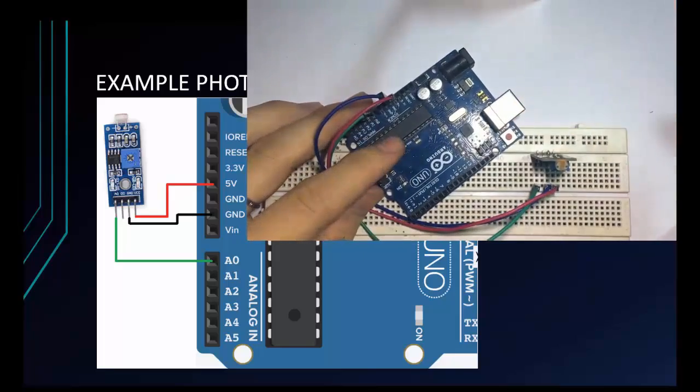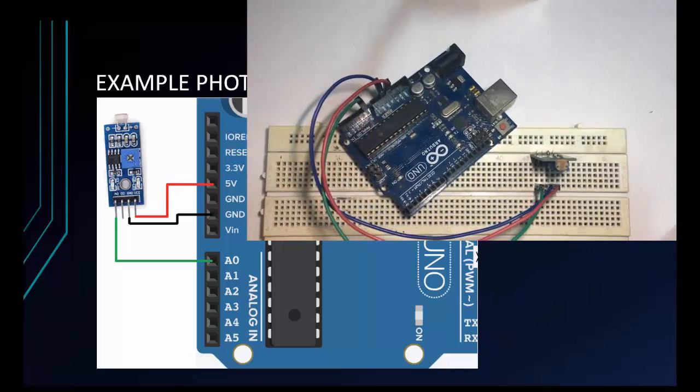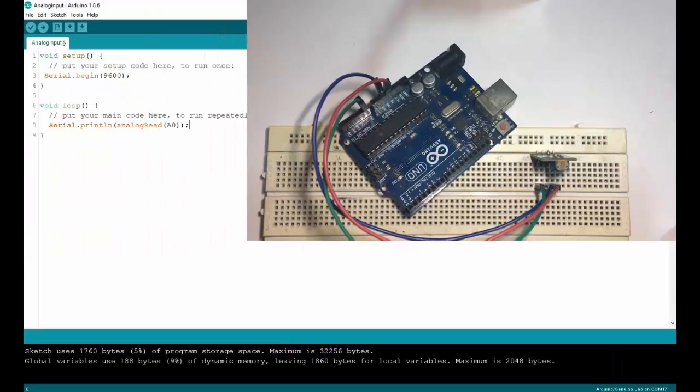So now I will write some code to control it when reading the analog signal from the photosensitive sensor. Right here I have a project. First is Serial.begin 9600 to open the serial monitor at 9600, and in the loop I have a Serial.print.